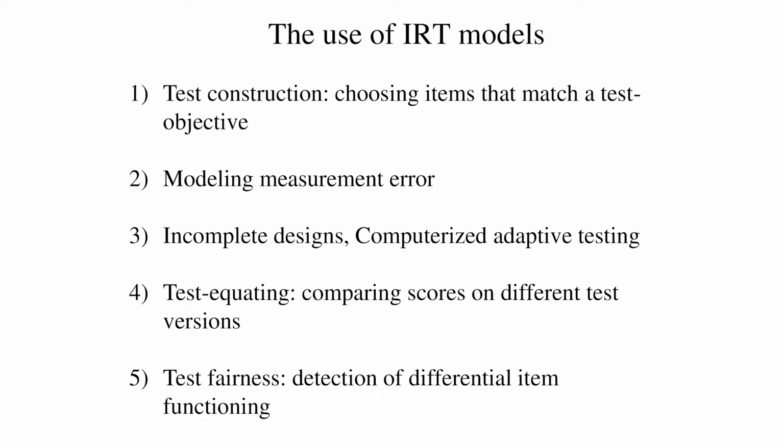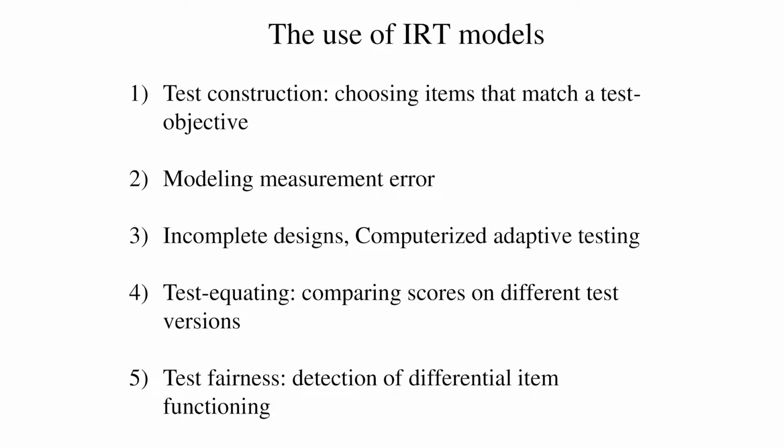The third one is incomplete designs. So not everybody has to respond to the same set of items, and still you can map everybody on a common scale. And an extreme example of that is computerized adaptive testing, where everybody gets their own optimal individual test from an item bank.